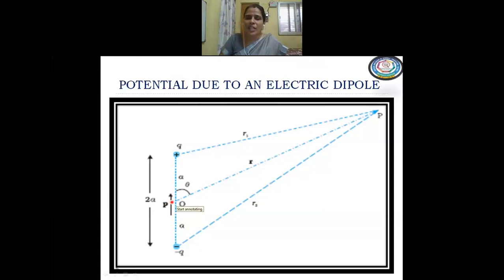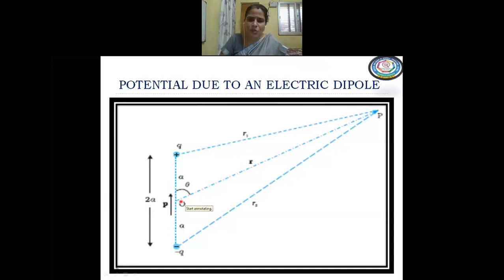Here we are going to calculate the potential at a point P, where we find the potential due to this dipole, at a distance from the center of our dipole.